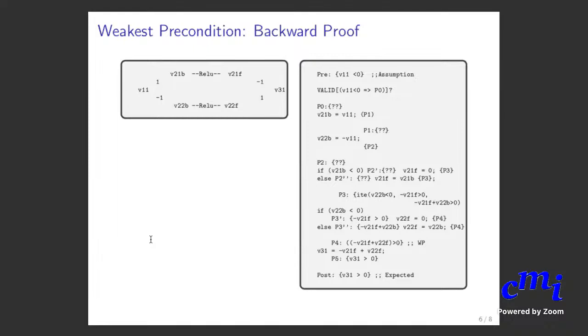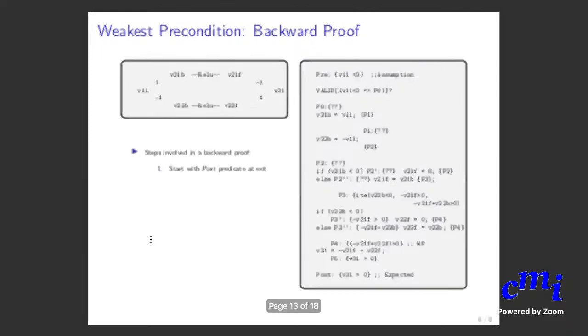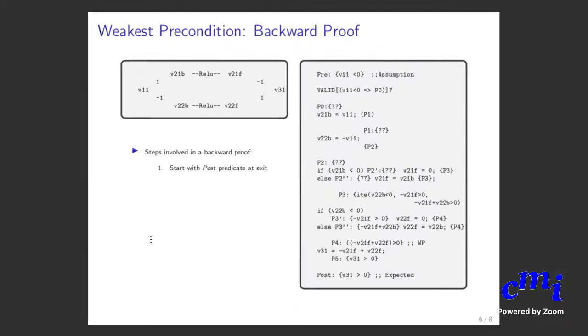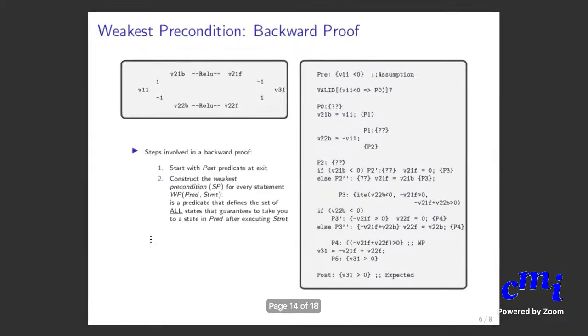You can start from the postcondition, then you ask the question, if this is what I want to be true at the exit point, what are the set of all states... start with the post, and you compute these predicates in the backward fashion until you get to this. In this case, it will be the weakest precondition that you will be calculating.